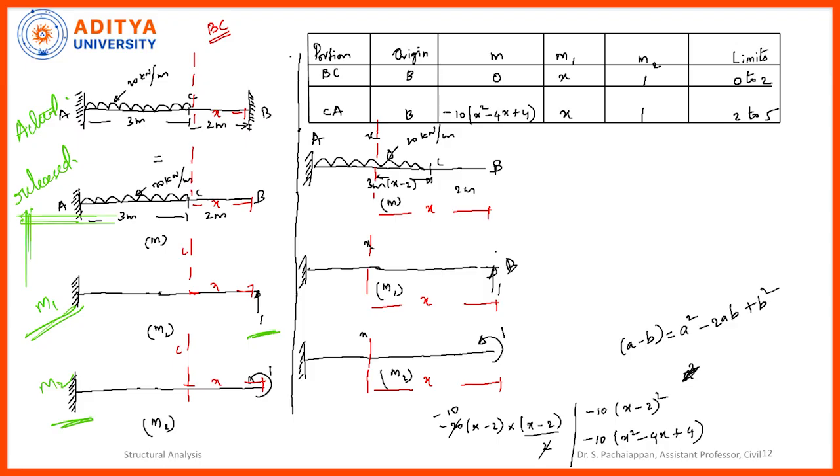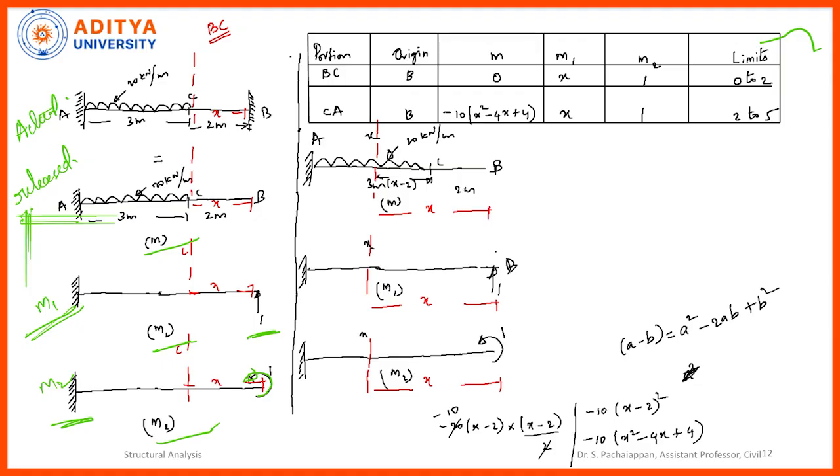Where we released the moment, in that location we are applying the 1 unit moment. So totally we have M for the released structure, M1 for the first redundant force where we apply 1 unit force, and M2 where we removed the second redundant, in that location we apply the 1 unit moment.